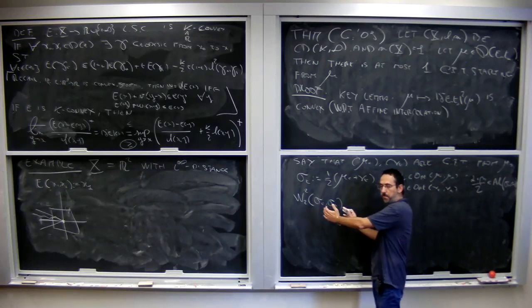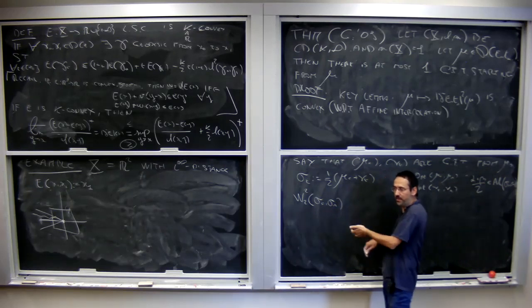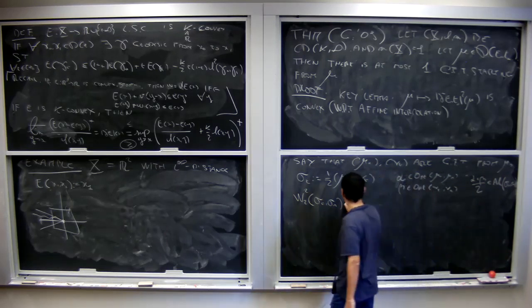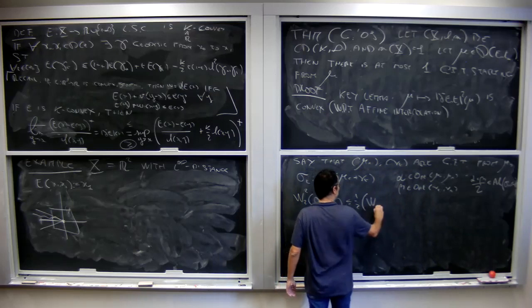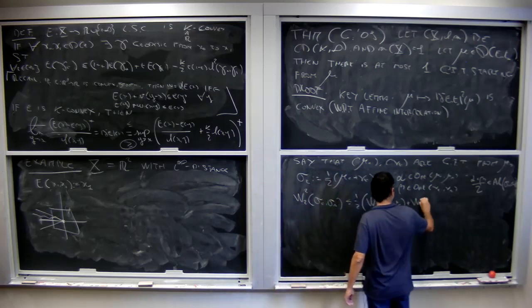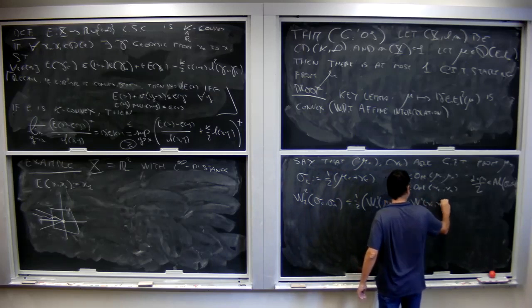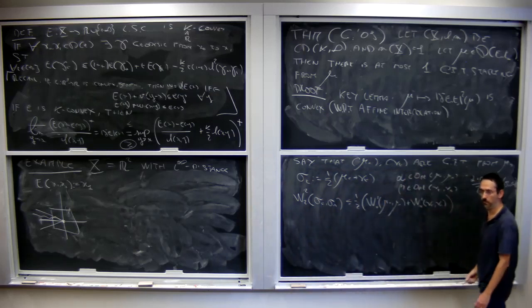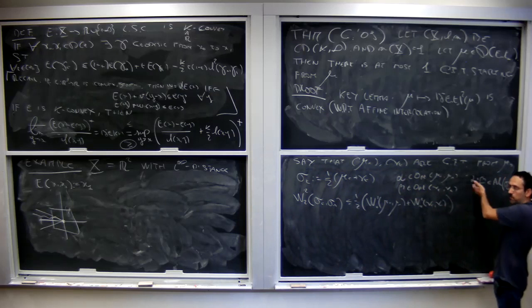So I can use this plan to bound this from above. But then, integrating the cost, integrating distance squared, is linear at the level of plans. So this is less or equal than 1/2 (W_2 squared of mu_t, mu_s plus W_2 squared of nu_t, nu_s), just because the average plan is maybe not optimal.